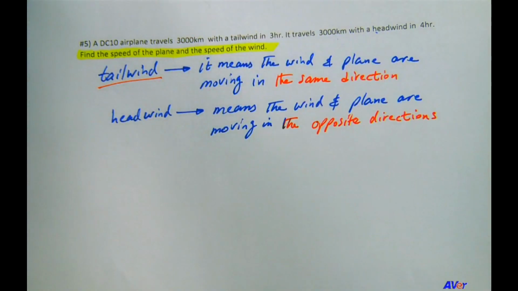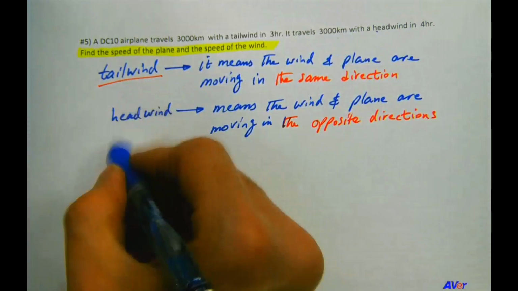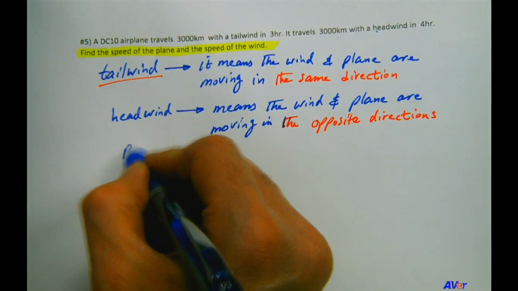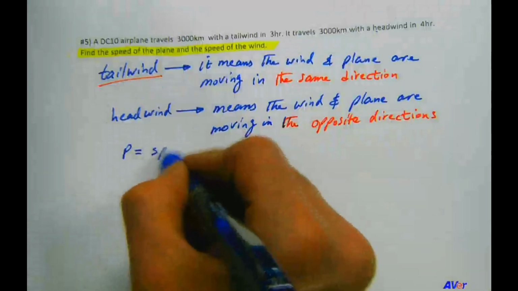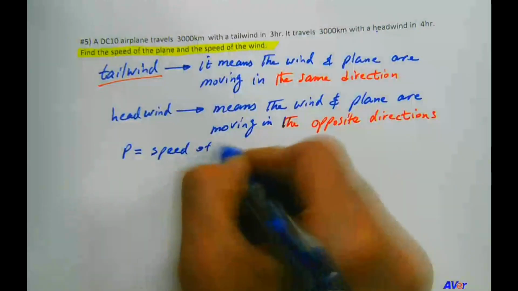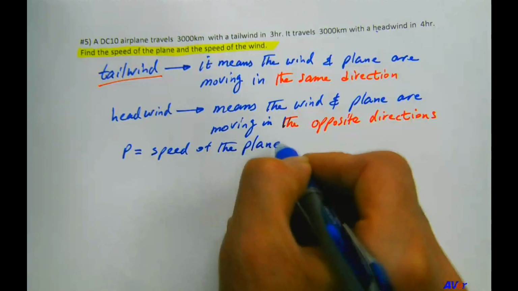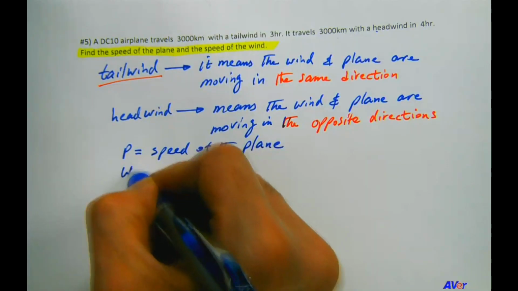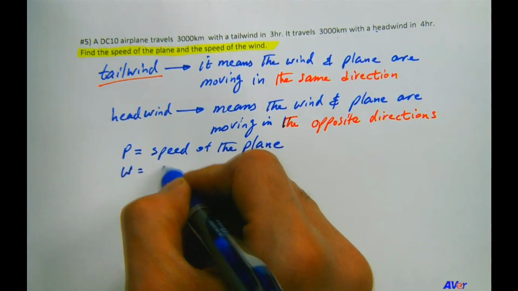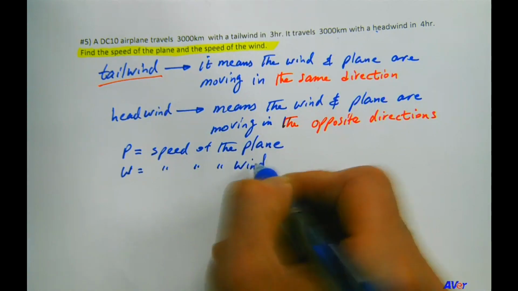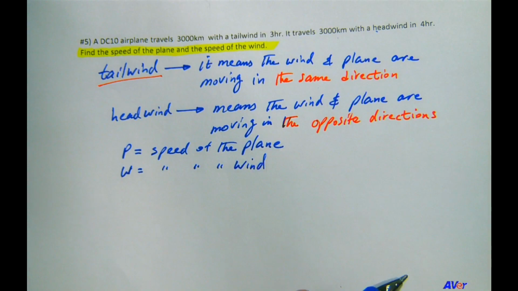Okay? So let's introduce variables for each one. So P is the speed of the plane, and W, let's use that for the speed of the wind. Okay?